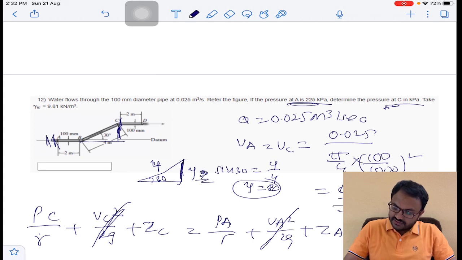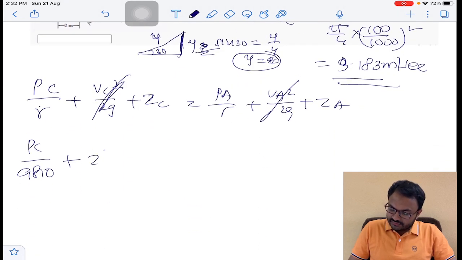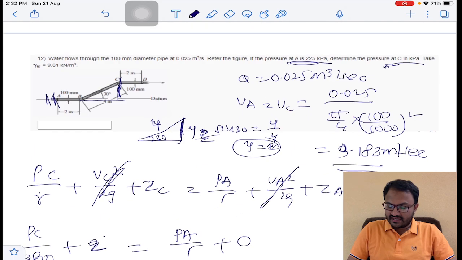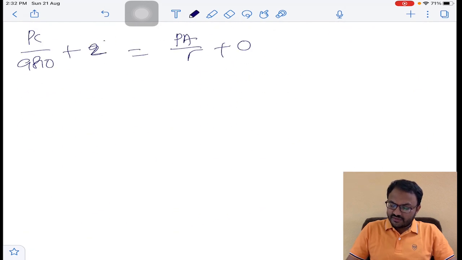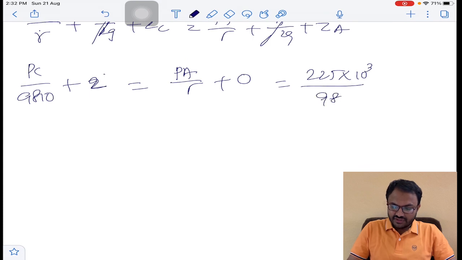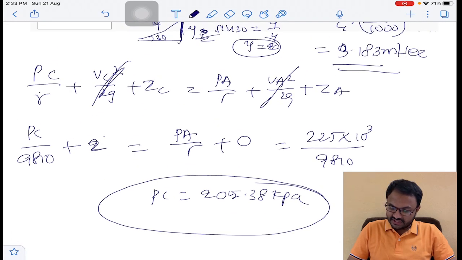So ZC is equal to 2, equal to PA by gamma plus ZA, which is 0, as I have taken the datum at this level. By using this, he has given PA as 225 kilopascal, that is 225 into 1000 by 9810. So you will get PC is equal to 205.38 kilopascal. So the answer for this question is 205.38 kilopascal.